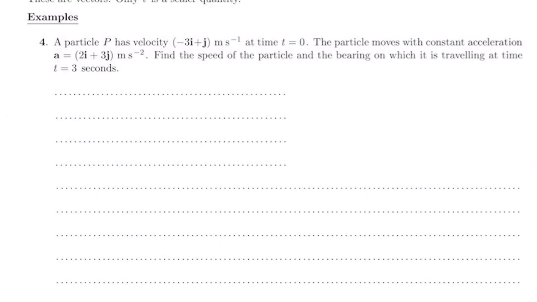So if you think about it, we've got this particle moving with a constant acceleration. For this one, I'm going to work in column vectors, so I'm going to write down my information. Don't forget that this is your initial velocity, so u equals negative 3, 1.